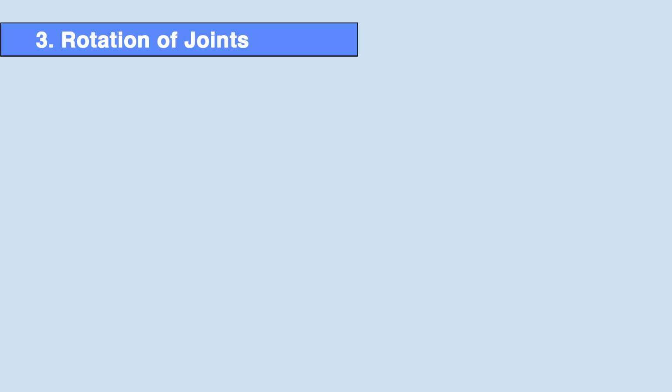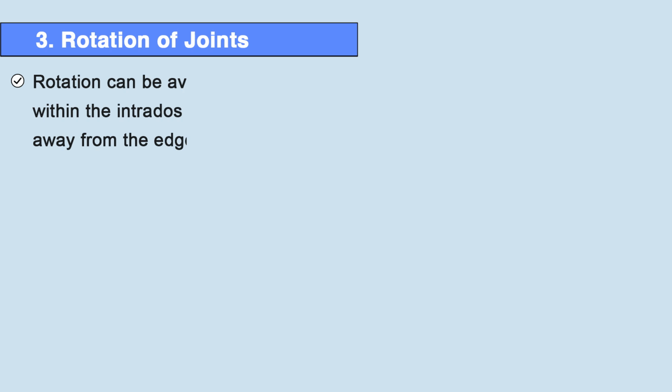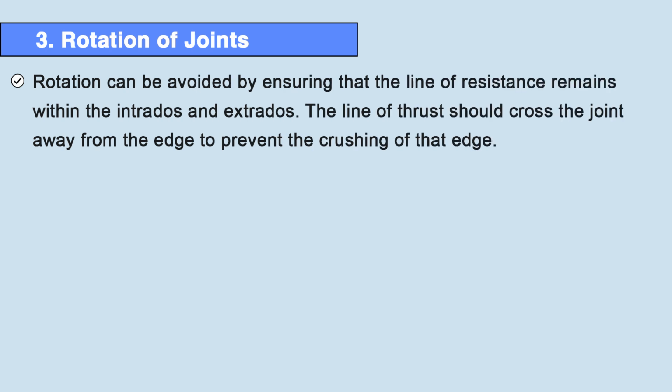Now, the next criterion of failure is rotation of joints. Rotation can be avoided by ensuring that the line of resistance remains within the intrados and extrados. The line of thrust should cross the joint away from the edge to prevent the crushing of the edge.